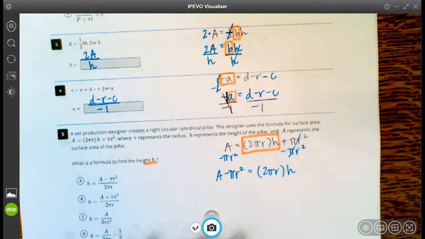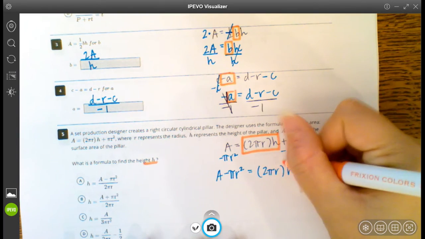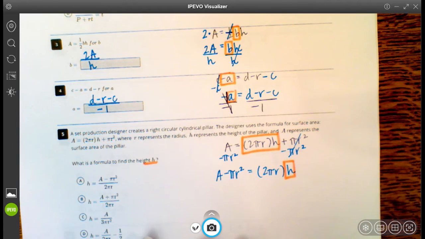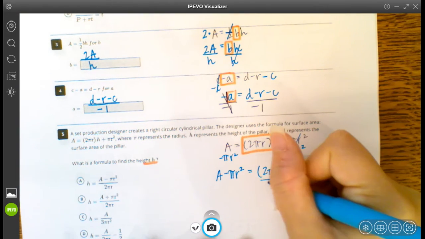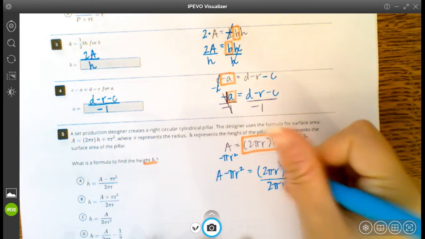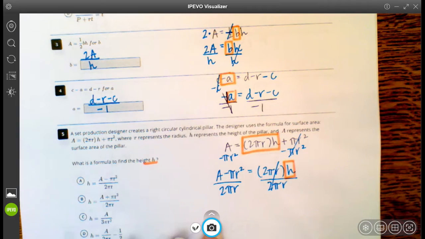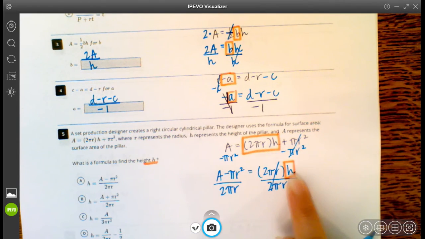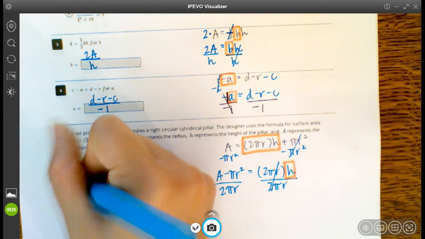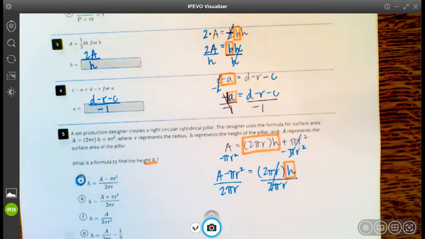And to get h completely by himself, we need to undo that operation with the parentheses. The parenthesis means multiply or distribute. And so therefore, to undo multiply, you got it, divide. So if we divide both sides by 2r, we should get h completely alone. According to all of our answer choice options, it looks like our best bet is letter A.